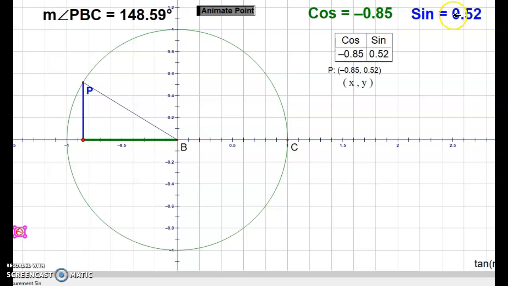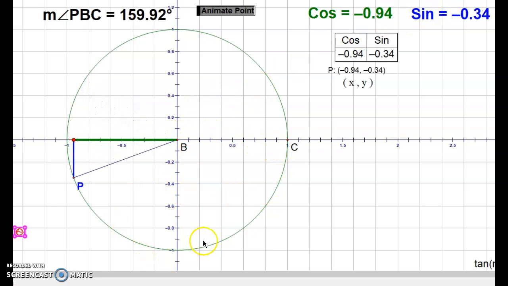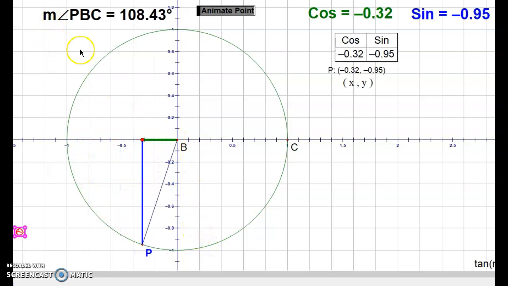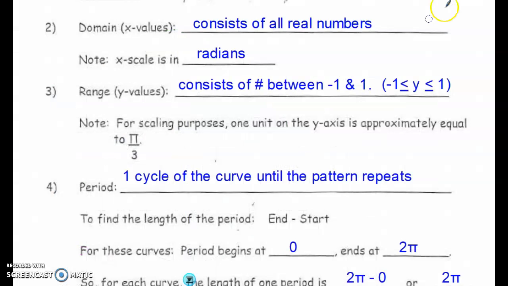The sine and cosine are always between 1 and -1. We're never going to get out of this circle. So my y values will be between -1 and 1. You don't have to worry about this too much; it's for scaling purposes.